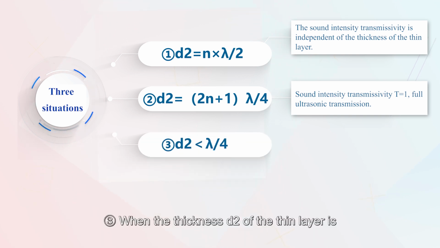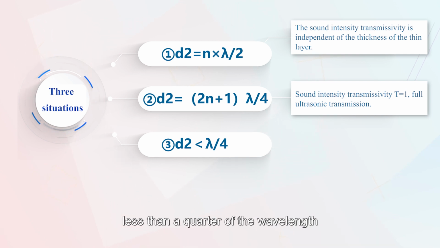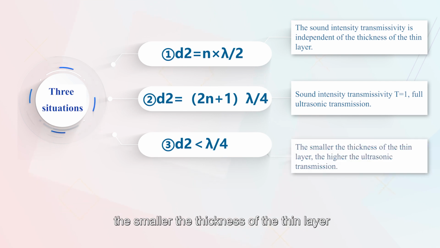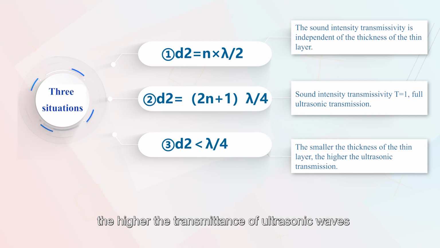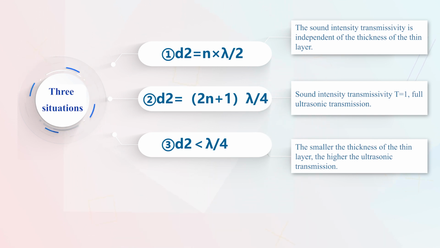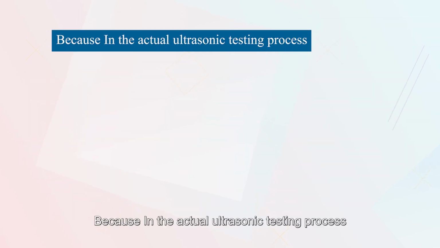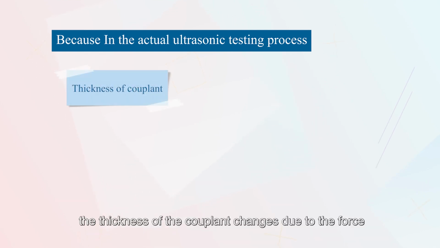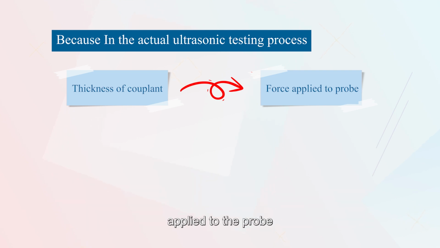3. When the thickness D2 of the thin layer is less than a quarter of the wavelength, the smaller the thickness of the thin layer, the higher the transmittance of ultrasonic waves. Because in the actual ultrasonic testing process, the thickness of the couplant changes due to the force applied to the probe.